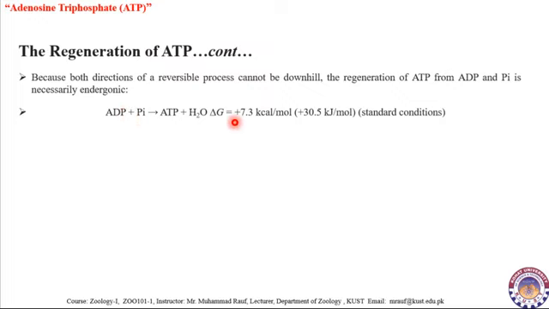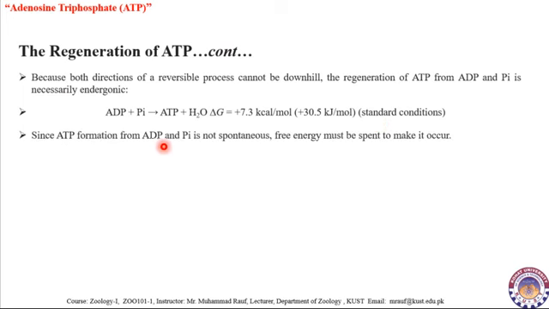How much energy will be liberated when ATP is broken down? 7.3 kilocalories per mole under standard conditions. But remember that inside the cell, the cellular conditions are not standard conditions, so the energy produced is much less. Recall from the previous slides that 63% value.